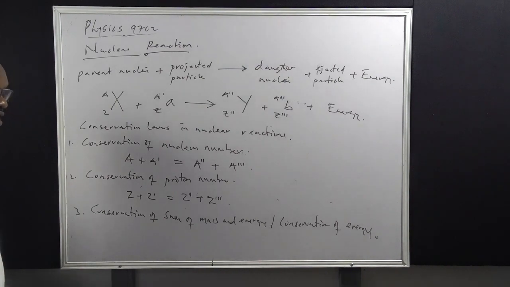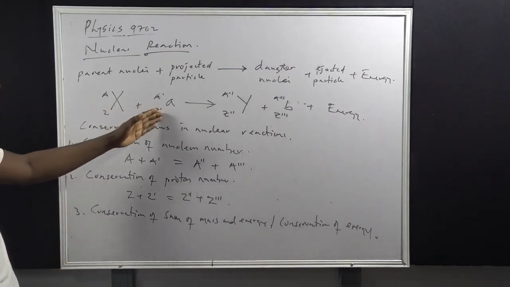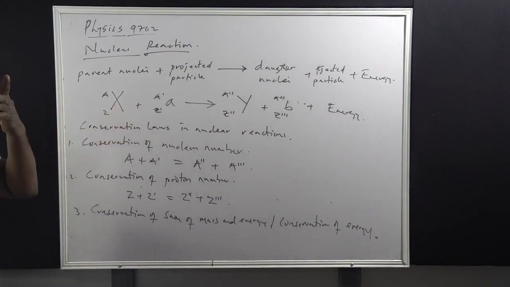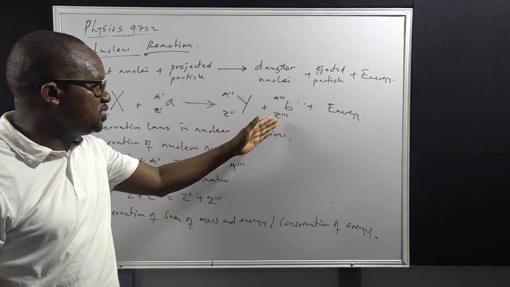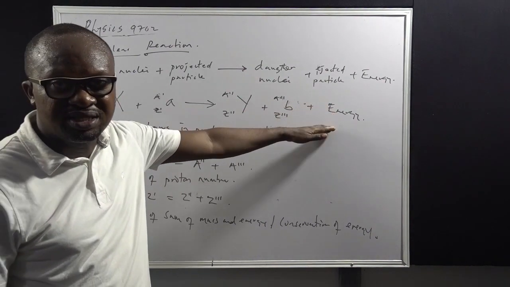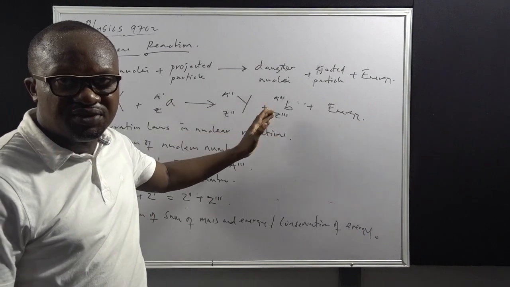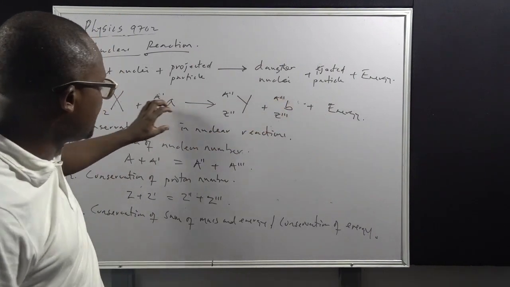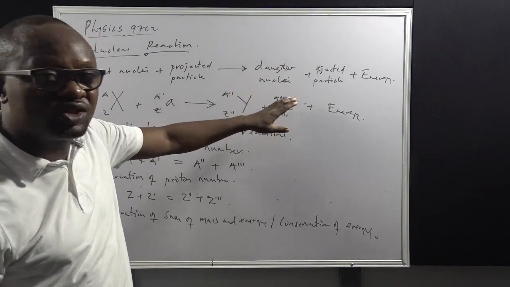In a nuclear reaction, mass is not conserved, i.e., the mass of the species on the left will not be the same as the mass of the species on the right. The difference in mass is converted into what? Energy. So what is conserved in a nuclear reaction is actually what?